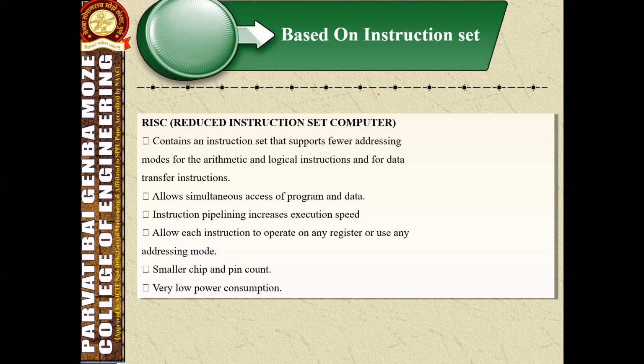So what is the Harvard architecture and the Princeton von Neumann architecture? We will see in the next slide. For the time being, the RISC types of architectures are Harvard types.